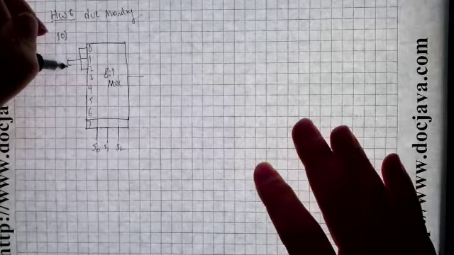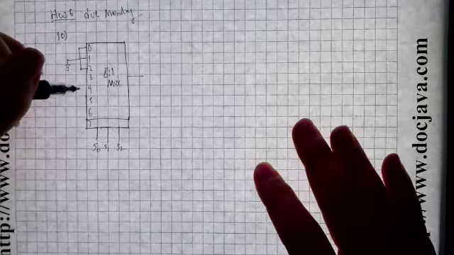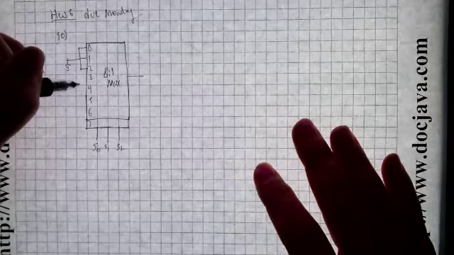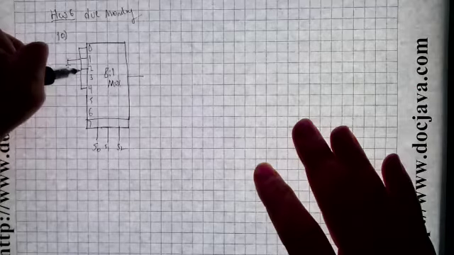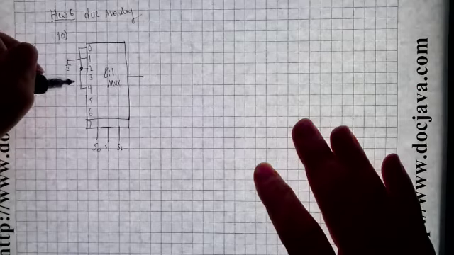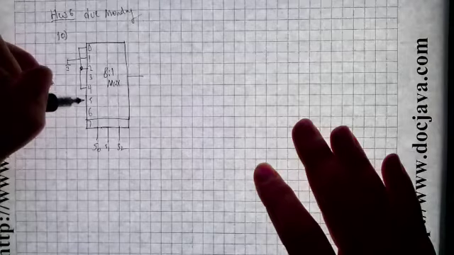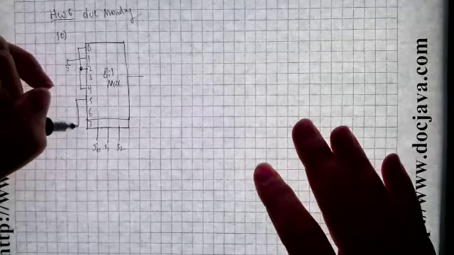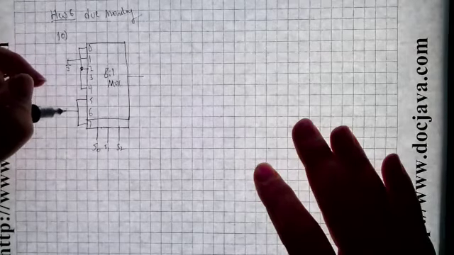These are hooked to ground. D4 is hooked to ground. And D5 and 7 are hooked together, and they go to plus 5 volts.